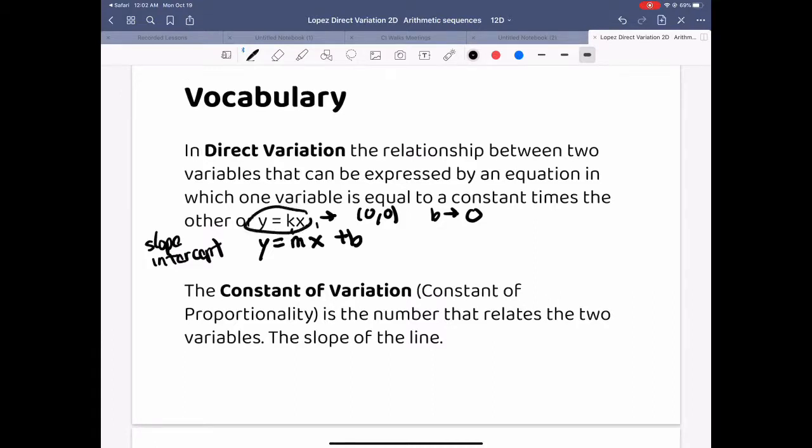But usually when you see the words y varies directly with x, you should automatically write y equals kx, where k is the constant of variation. So basically, you're taking a number, multiplying times x, and it'll give you your y, always.